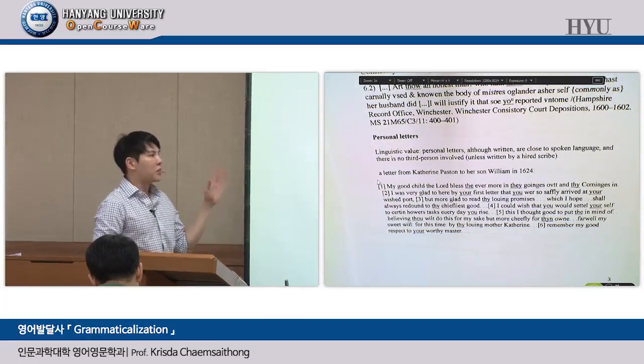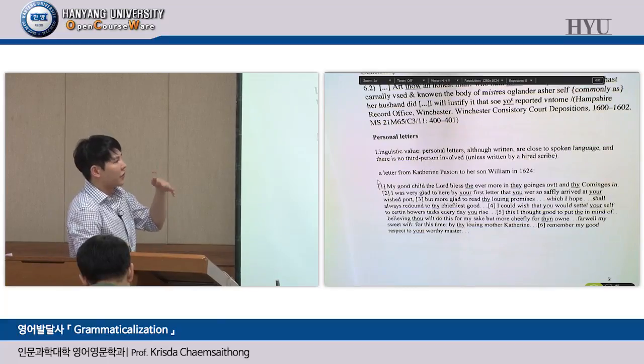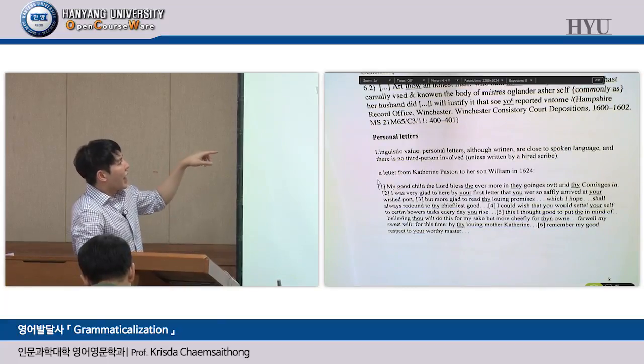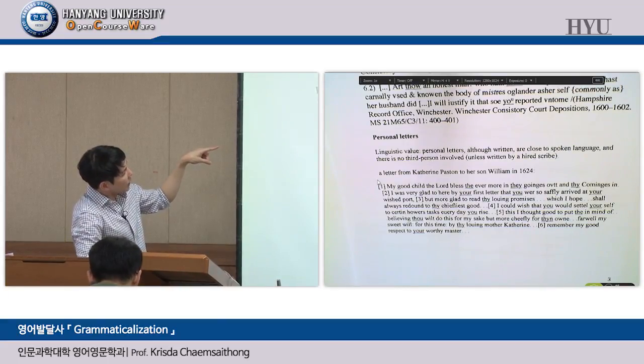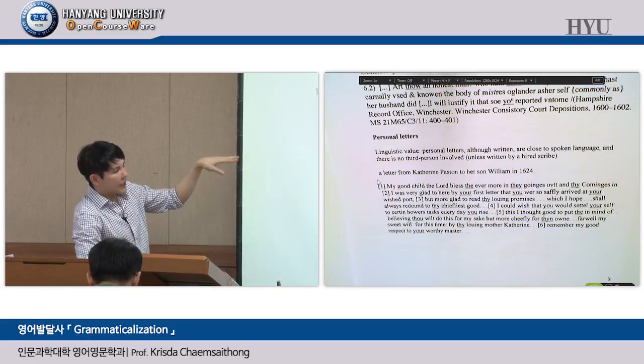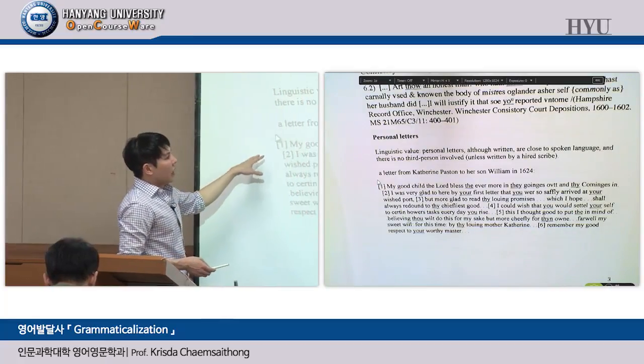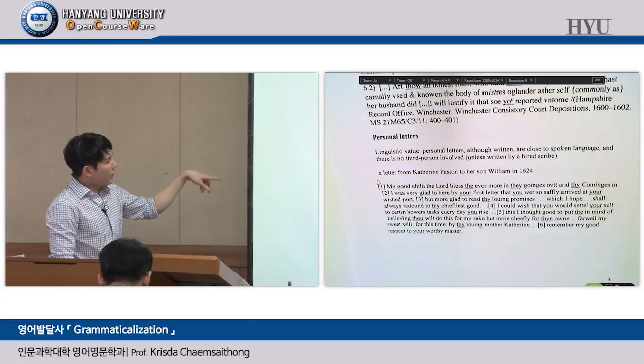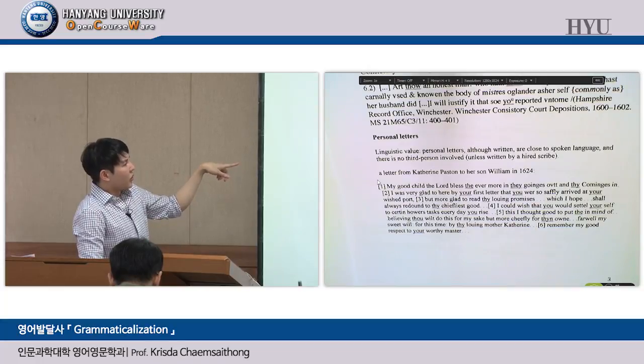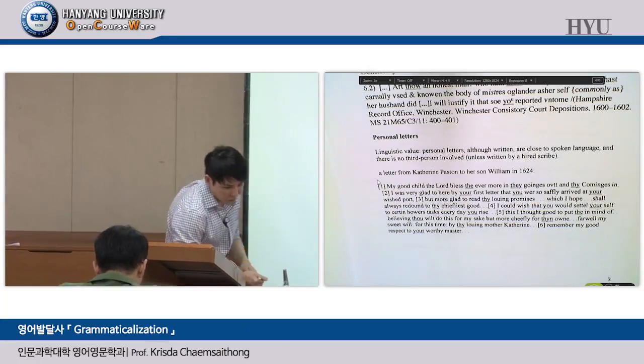So you don't have to choose between the two different contexts. Now we have a letter from the mother to a son, right? The mother to the son. So in most of this conversation, you will see the TH form.